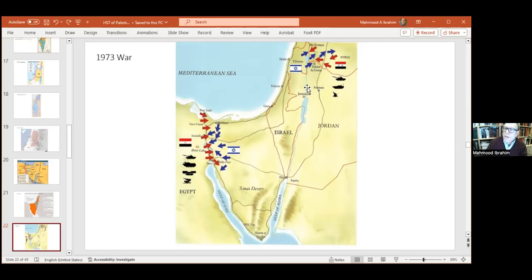And indeed, shuttle diplomacy between '73, '74, all the way to '79, succeeded in removing Egypt from the theater of war, and brought us to what is known as the Camp David agreements.